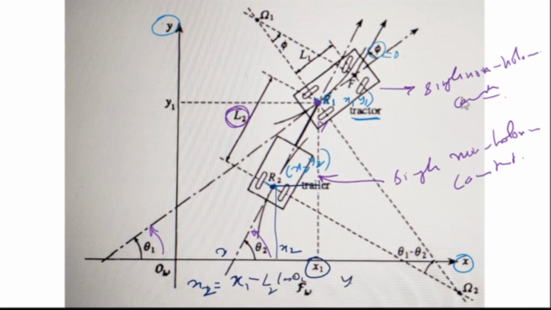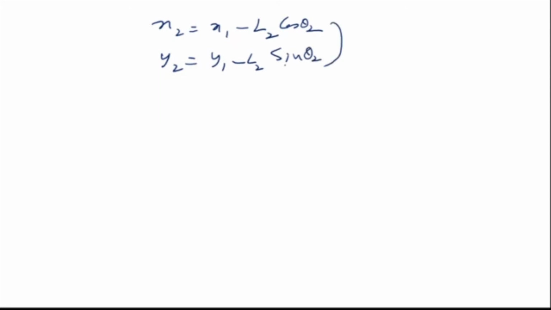There is one geometric constraint we have, and y2 is equal to y1 minus L2 sine theta 2. So we have these two conditions from the geometry: x2 is equal to x1 minus L2 cos theta 2, and y2 is equal to y1 minus L2 sine theta 2.